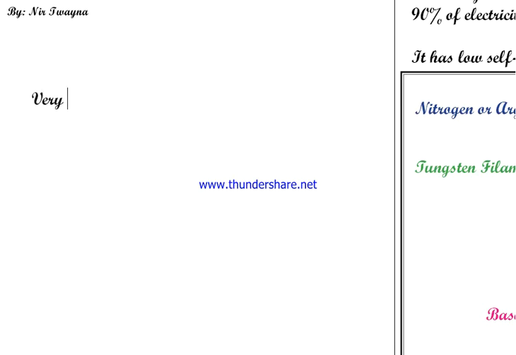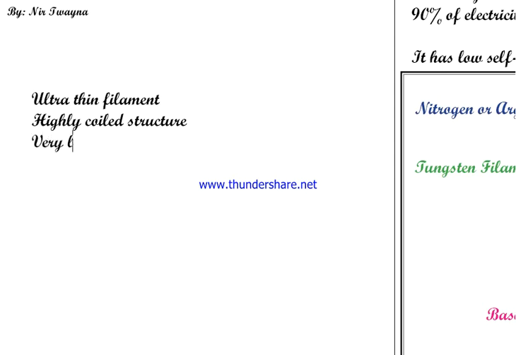One is very, or you can say ultra thin, filament, and the second one is a highly coiled structure. If the filament is highly coiled, then it must be very long, and it is made ultra thin.